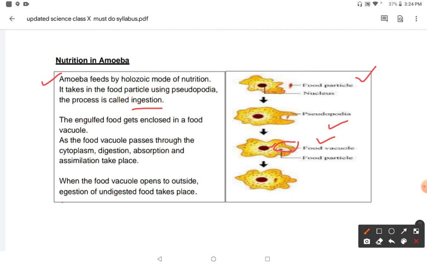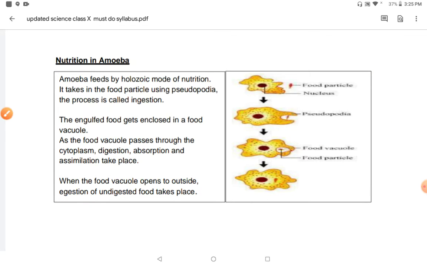This means the waste product is ejected out from the body. This is the process taking place in the amoeba. So practice this diagram, label it, and understand how the process occurs. Then keep it in mind by doing this.